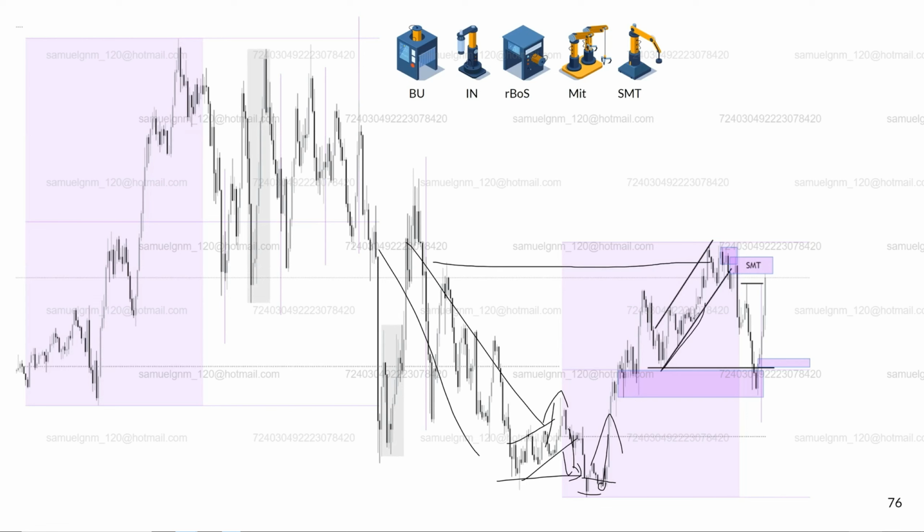Then of course, build up, getting induced to the low side, right? But this is not done yet. So in proper understanding, we should go at least to Asia midline, or at least some potential mitigation zone. In this case, we have no other option than Asia midline. Then we could have taken this short in here, right?